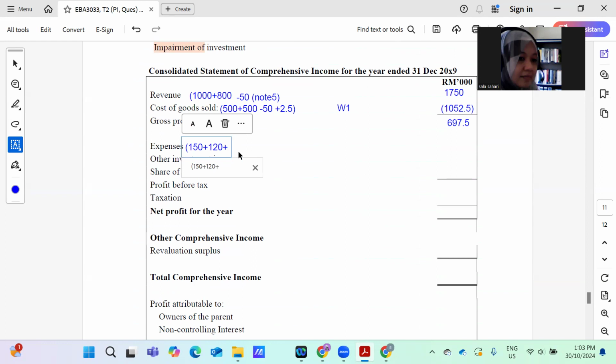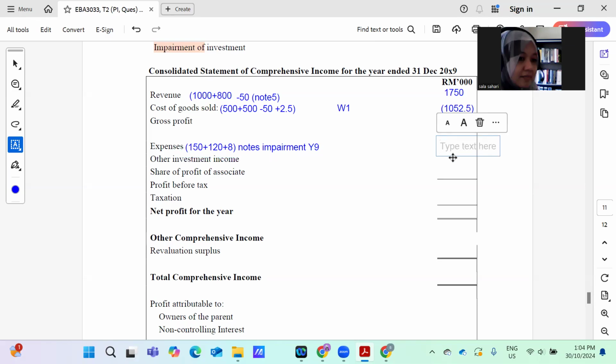Plus 8,000 from notes number 3. I just remark here, note number 3, impairment year 9. So after you add all of them, you will get 278.